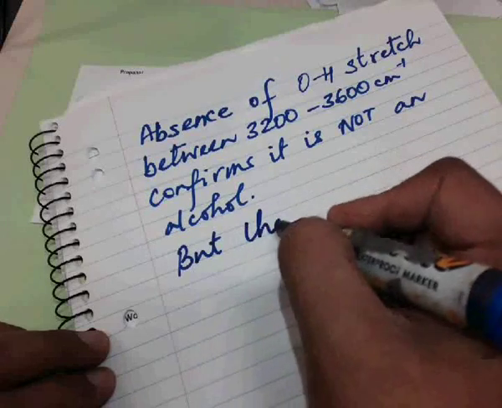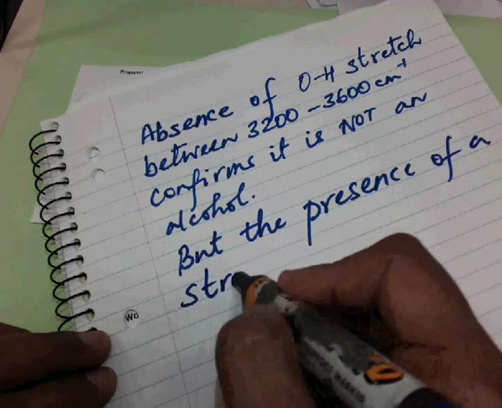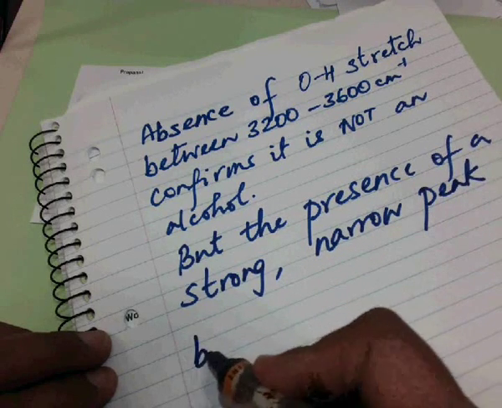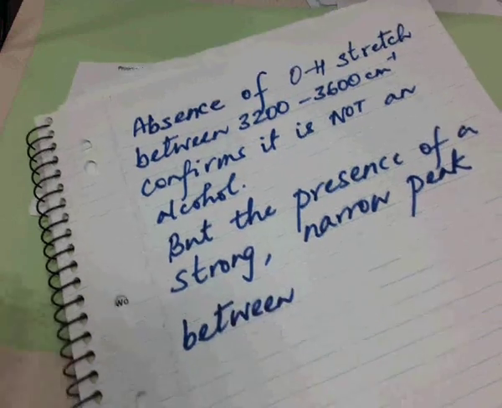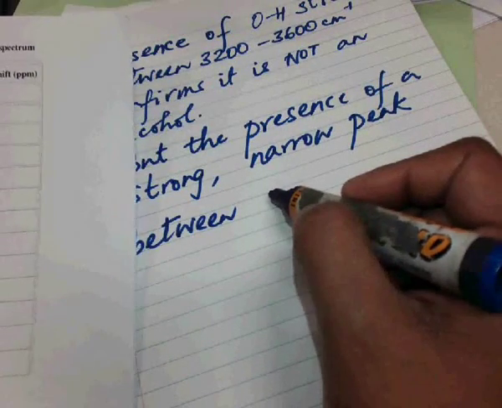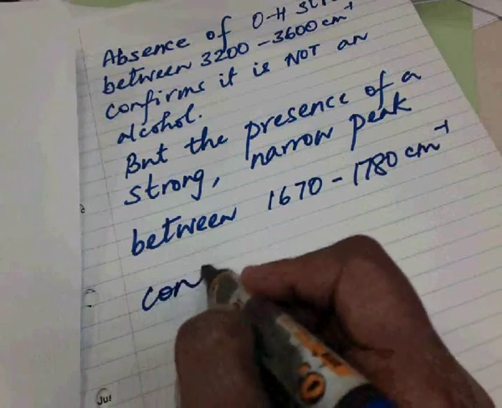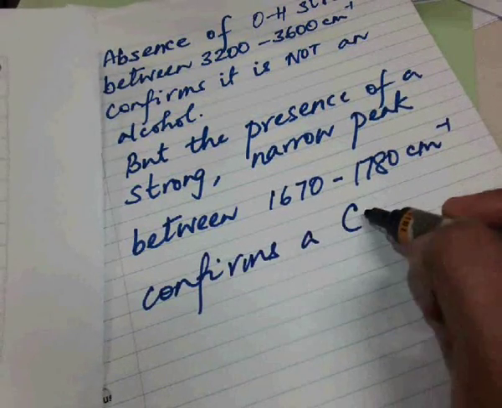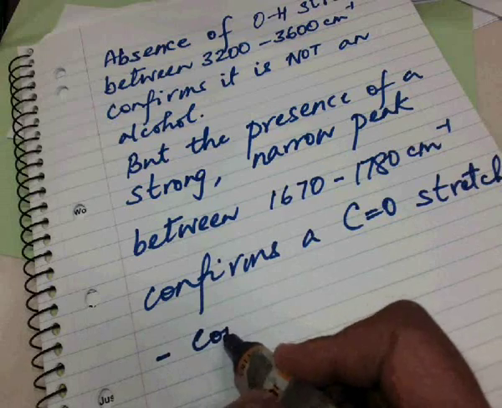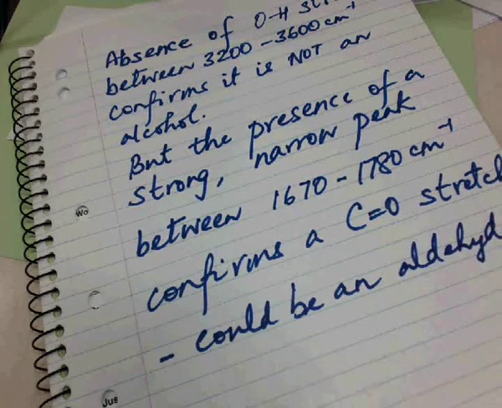But the presence of a strong narrow peak between, so take your data sheet and just copy, C double bond O stretch between 1,670 to 1,780 per centimeter, confirms a C double bond O stretch, and that could be an aldehyde or a ketone.